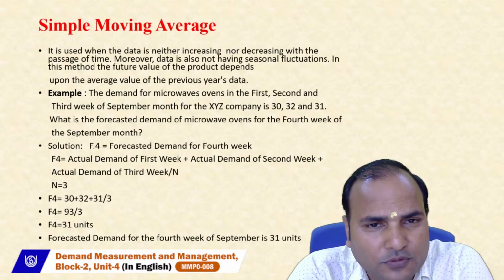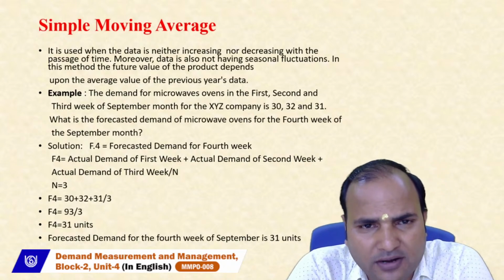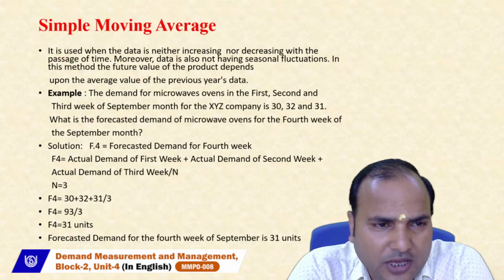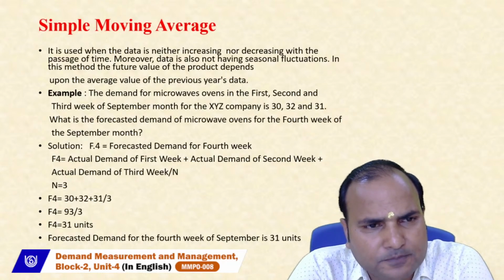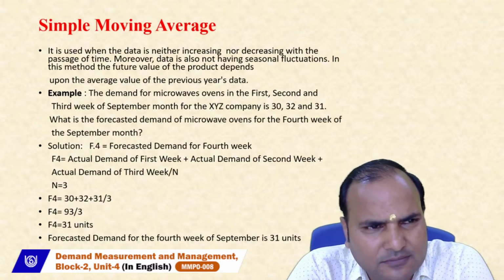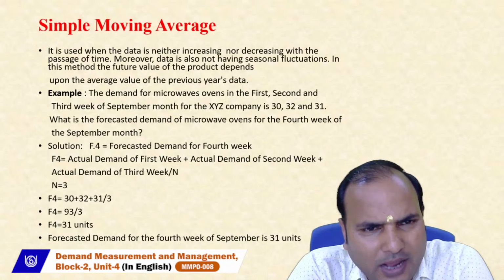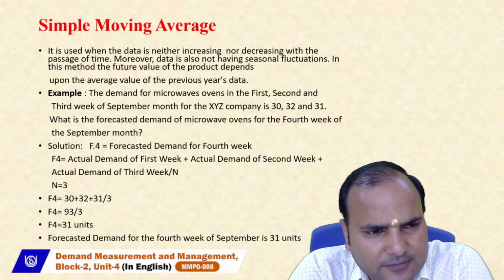So in this method, the future value of the product depends upon the average value of the previous years' data, because there is no increase or decrease over time. So we have to take the average value of the previous years' data here.